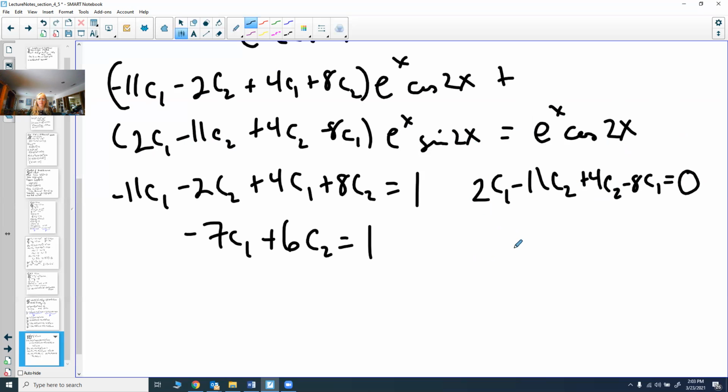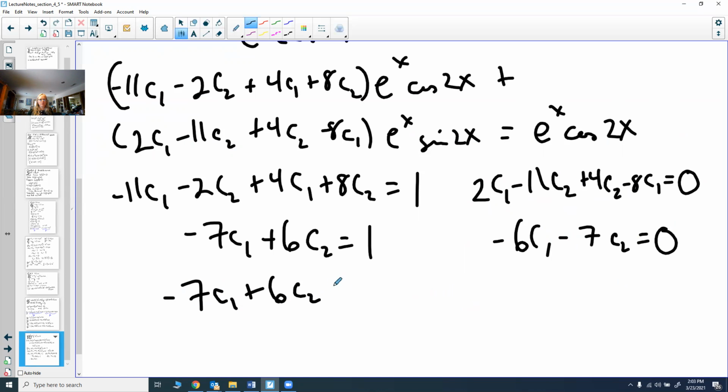And again, I'm going to combine my like terms here, and I end up with minus 6c1 minus 7c2 equals 0. So I now end up having the nice little system: minus 7c1 plus 6c2 equals 1, and minus 6c1 minus 7c2 equals 0.